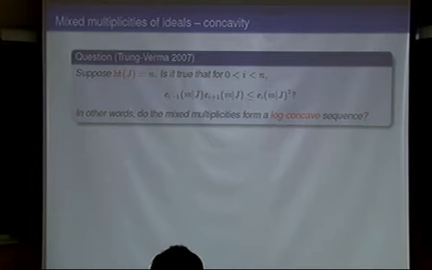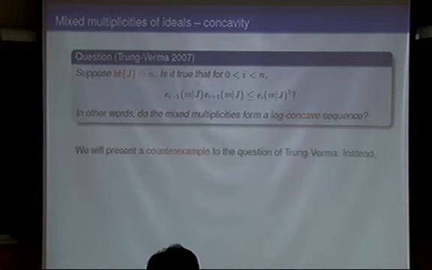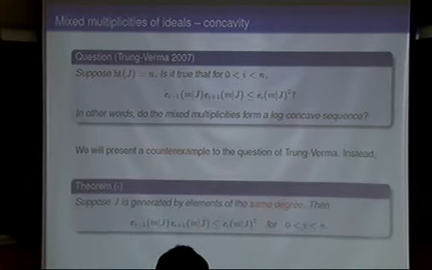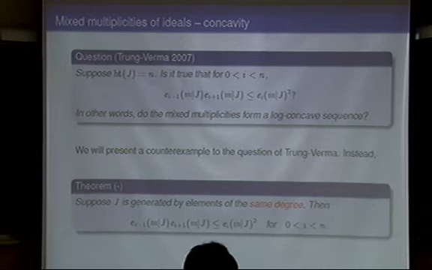And they ask, in general, if J is not a monomial ideal, but instead the height of J is n, whether this sequence forms a log concave sequence. Unfortunately, there is a counterexample to this conjecture, but I'll show that when J is generated by elements of the same degree, then this sequence forms a log concave sequence.